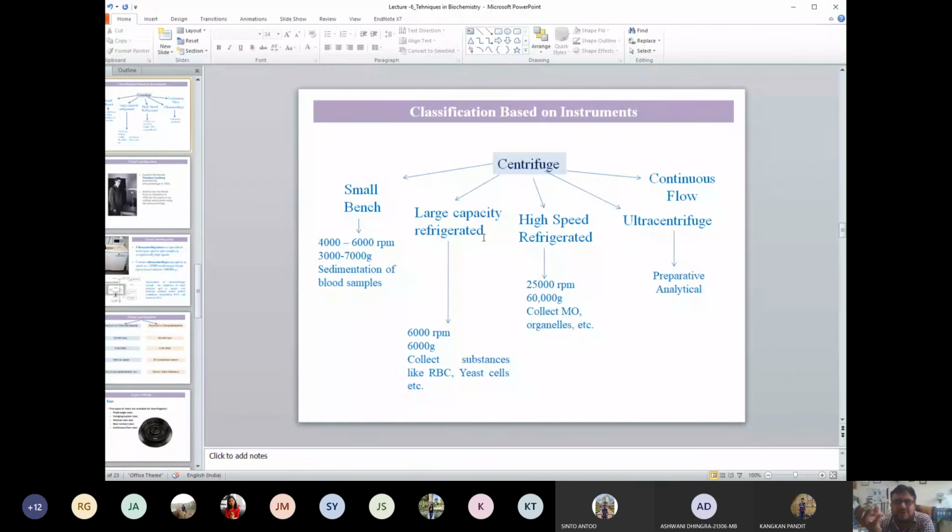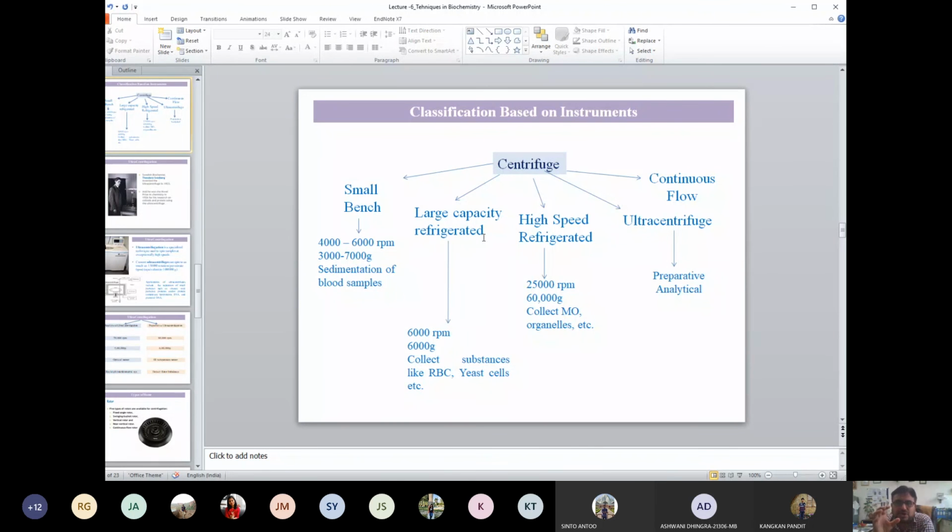We have a tabletop, a spin wheel, a floor model, a high speed, a refrigerated, a swinging, a slant centrifuge, an ultracentrifuge, etc. Based on the instrument, centrifugation has been further classified into 5 different types. So I have listed them here.